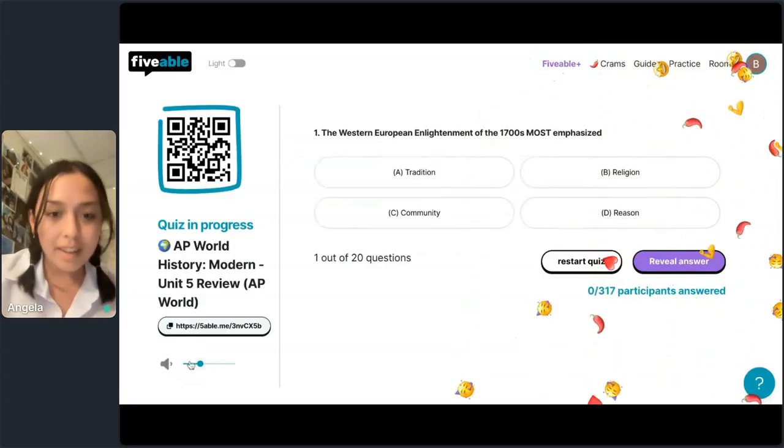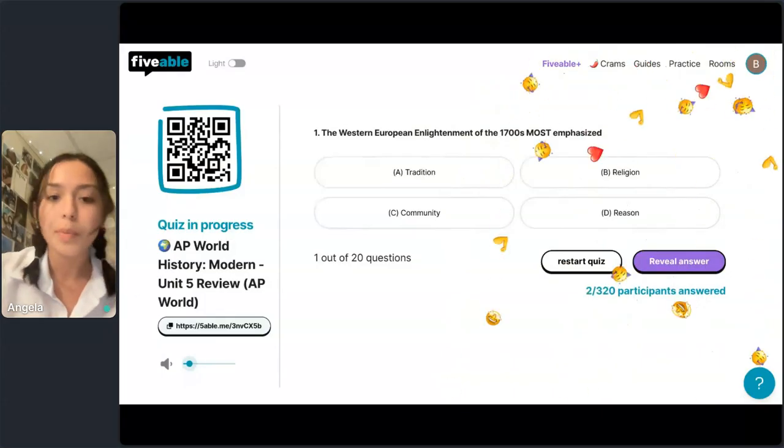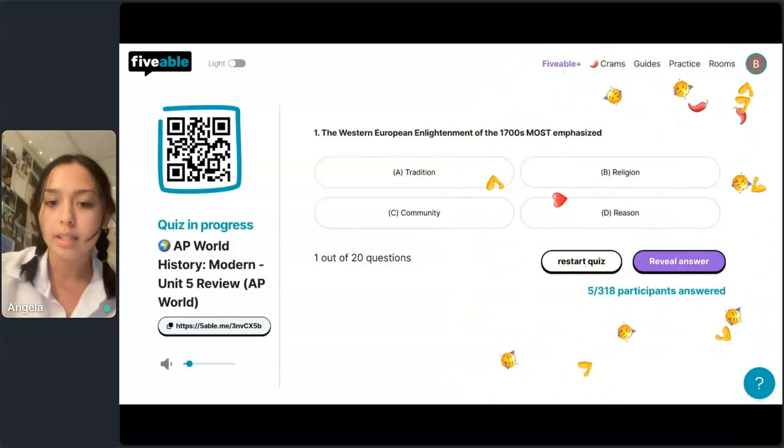Okay, we're getting started. So we're looking at what the Western European Enlightenment most emphasized.